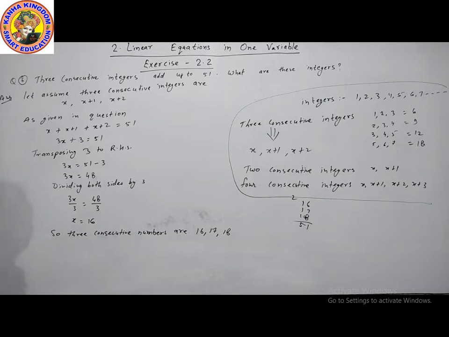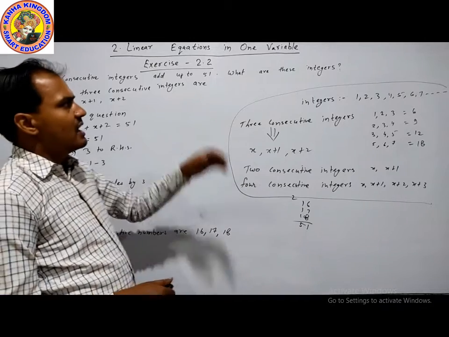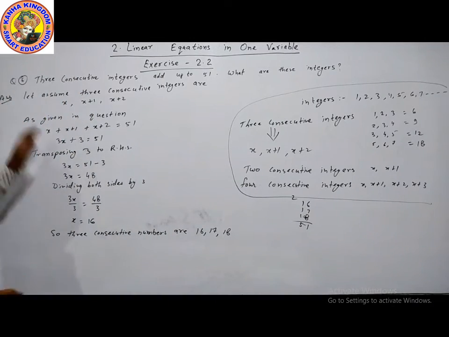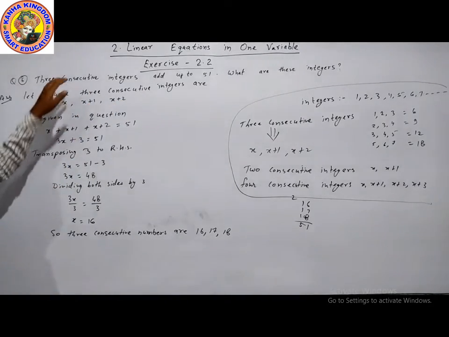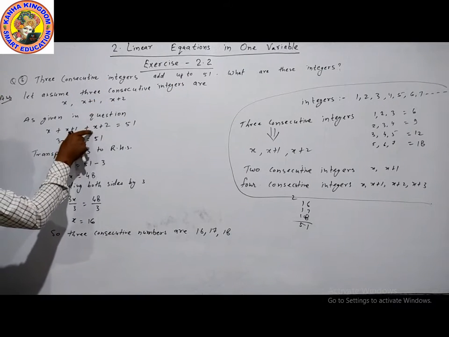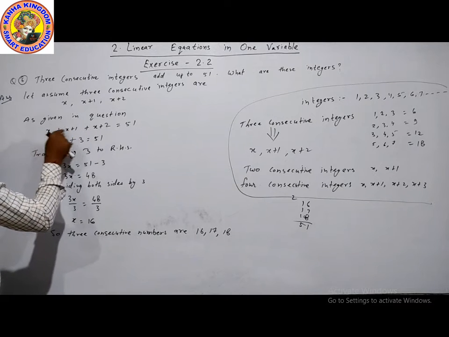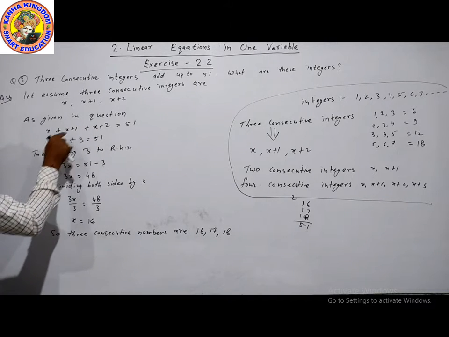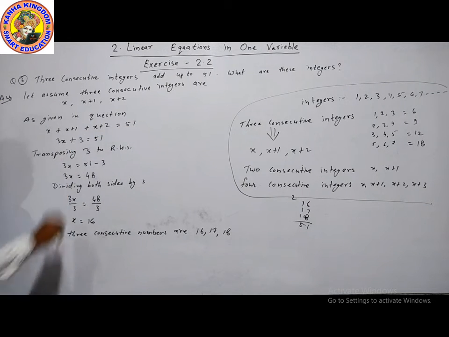Now let's take the beginning of the question. Three consecutive integers add up to 51. What are these integers? Let us assume 3 consecutive integers are x, x plus 1 and x plus 2. Given in the question, the addition is 51. x plus x plus x is 3x, and 1 plus 2 is 3, equal to 51.